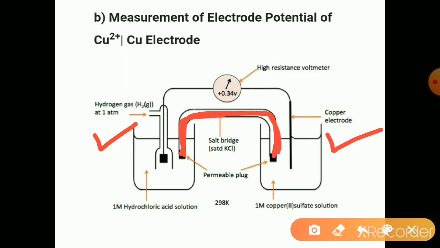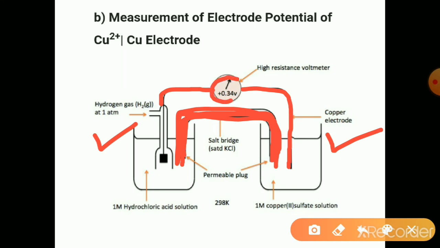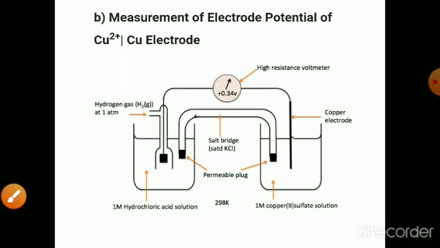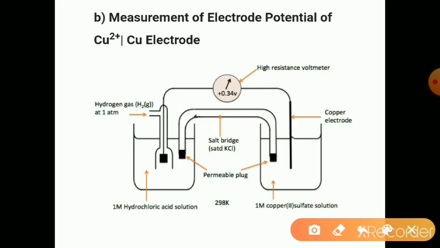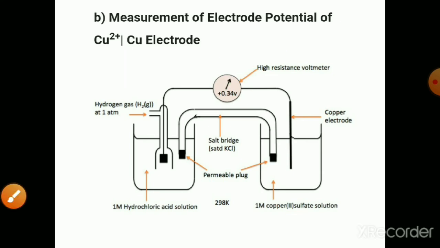Internally the contact between the two half cells is established by the salt bridge, and externally these are connected with the metallic wire, and in between a voltmeter is connected to measure the cell potential. We can read here the cell potential on the voltmeter.